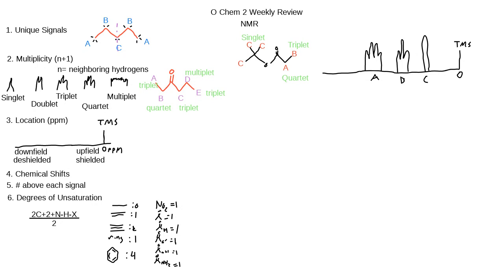So A has 2 hydrogens, so I'm going to write 2 above it. B has 3 because it's a methyl group, not because it's a triplet. Don't get that confused. C has 3 methyl groups, so 3 times 3 hydrogens equals 9. So this should be 9, okay?